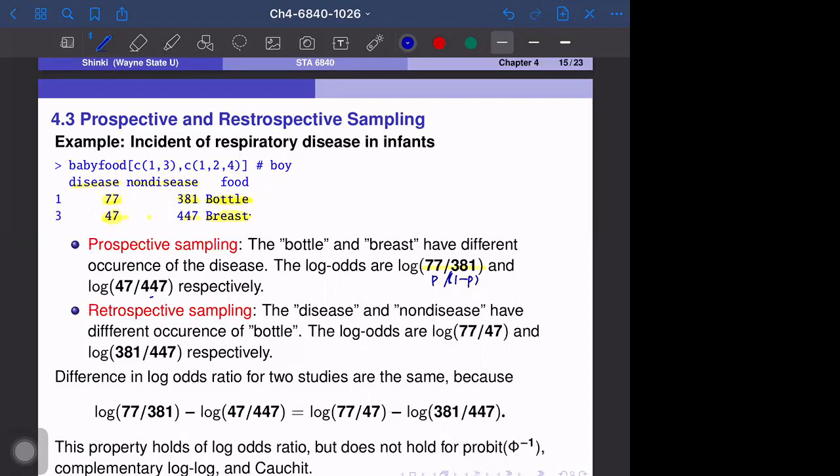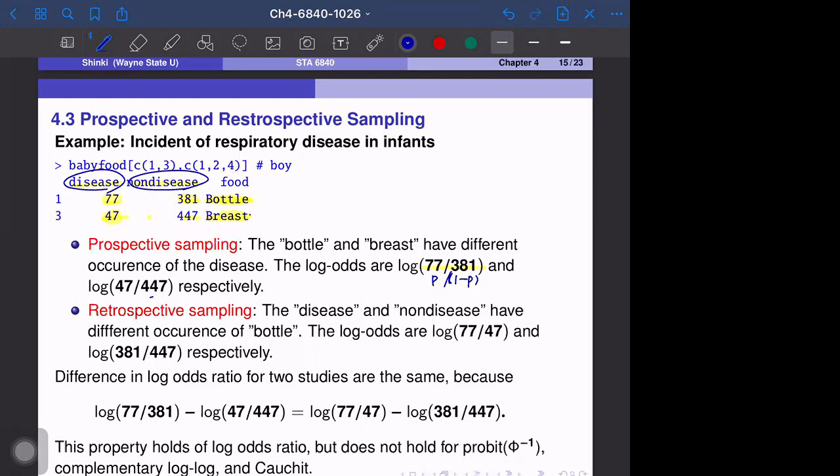And retrospective sampling means that we sample several babies from the disease group and some babies from the non-disease group. Then we can see that for the disease group, relatively more babies are given the bottle milk, and the non-disease group relatively get the breast milk.